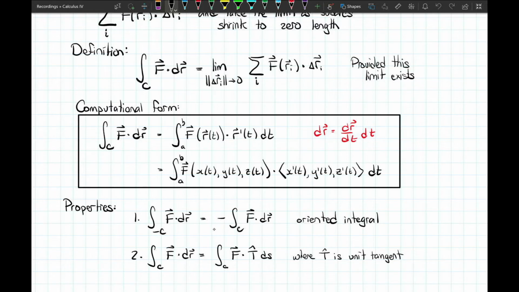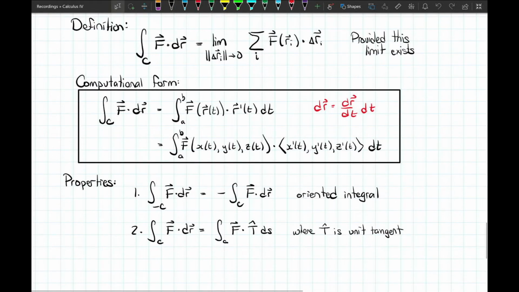That should make sense: work in one direction, negative work in the other direction. Another application, an interesting one: by taking the dot product of F dr, we could always write this as a scalar function of F dot T hat, the unit tangent vector. By doing that, we can rewrite this as a line integral of a scalar function. So there is a nice relationship between the two.